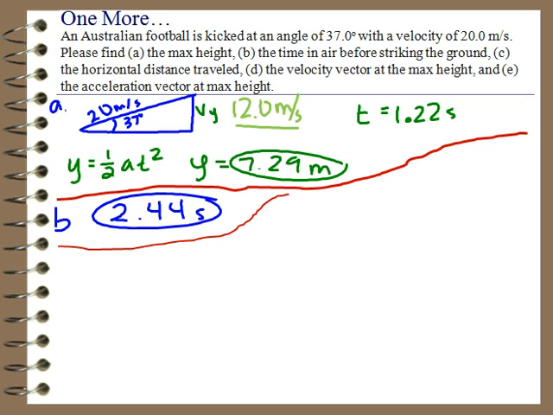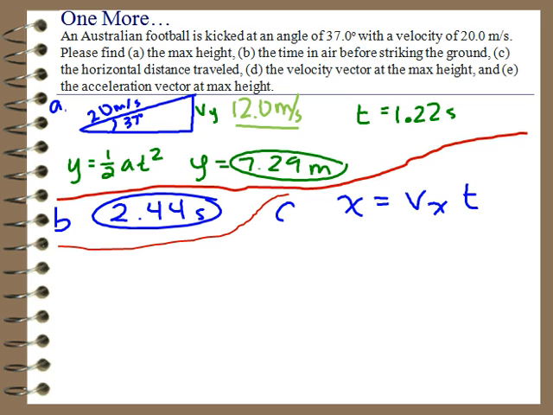Okay, let's look at C. C is the horizontal distance, so we're looking for X again. There's only one formula in that middle column of your formula sheet, and that is velocity in the X direction times time. We've got time, and we're going to have to use the 2.44 seconds, not the 1.22.